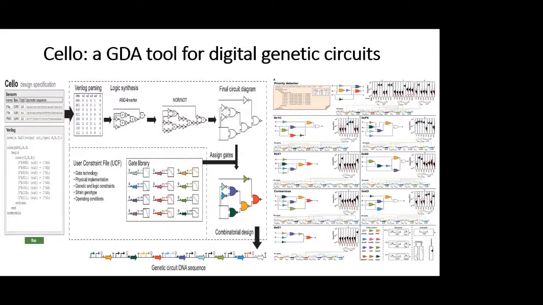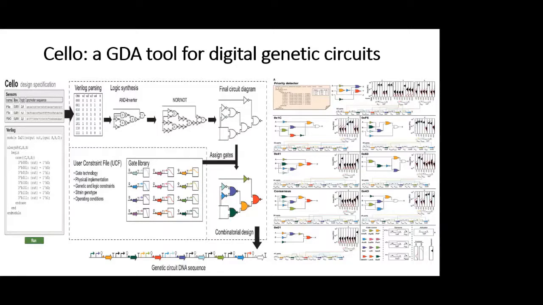So I would say that more than actually using it biologically, it's an important proof point to show that it is possible to create a CAD tool that can accurately design and build genetic circuits. So I hope that helps.